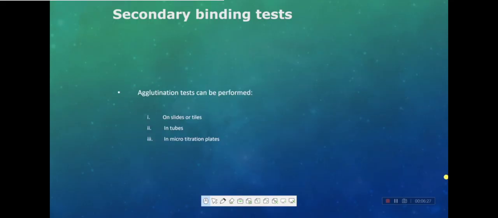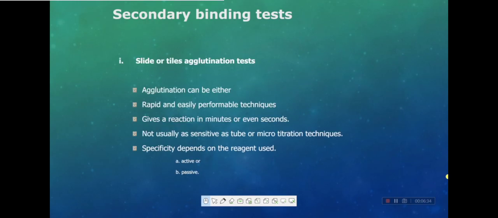Agglutination tests can be performed on slides or tiles, in tubes, and in microtitration plates as well, right? So what are slide or tile agglutination tests? These are rapid, easily performable techniques which give a reaction in minutes or even seconds.